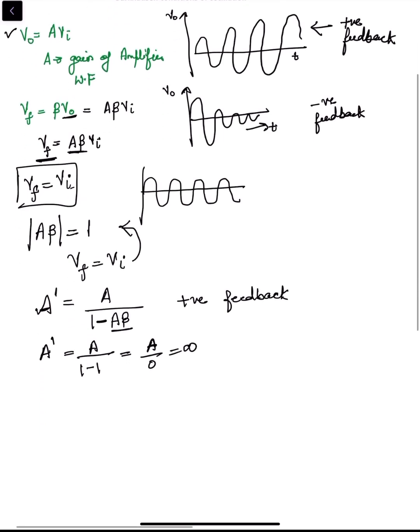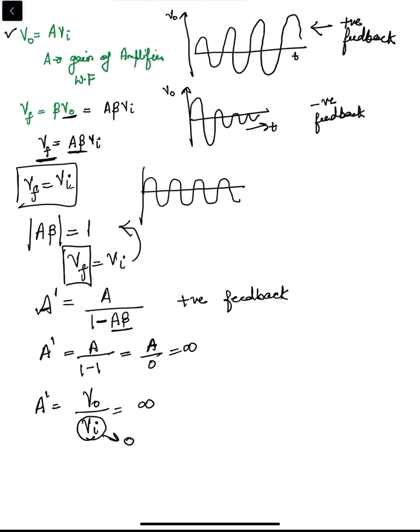What is the definition of gain? Gain is actually output over input. So if this is infinity, it is possible only when our V input is 0, and this is what we want. We want there should not be any input source, but the oscillation should continue by itself, and that is done only by the feedback circuit.